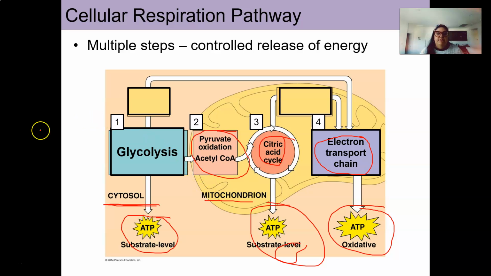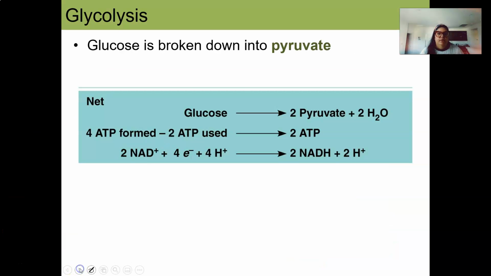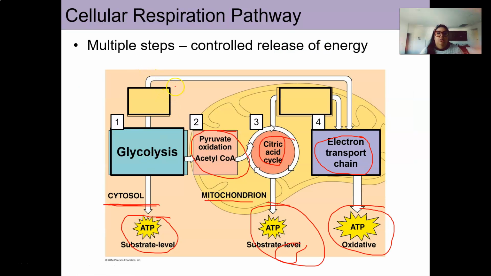And some of the steps, which are not drawn here for some reason, it didn't show up. Some of these steps also we will talk about release some very important other molecules called electron carriers, which we are going to talk about.